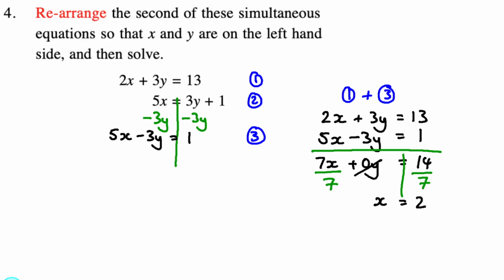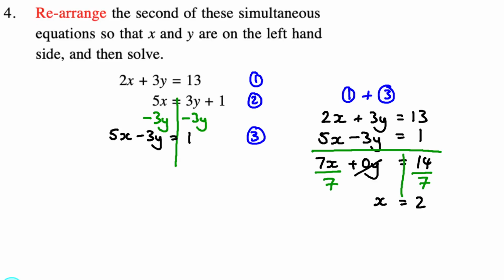I hope that's quite clear how you do that. There's a first step where we have to make sure that all the variable terms are on the left-hand side before we can eliminate. So hopefully that should help you with question number 5.